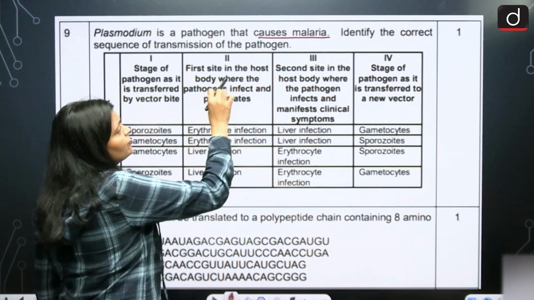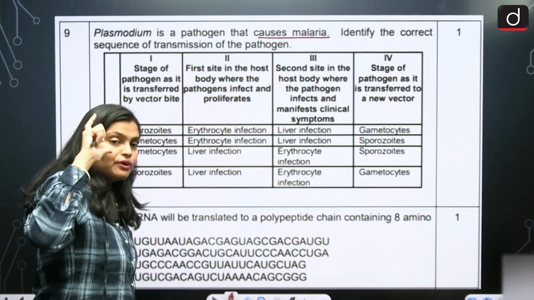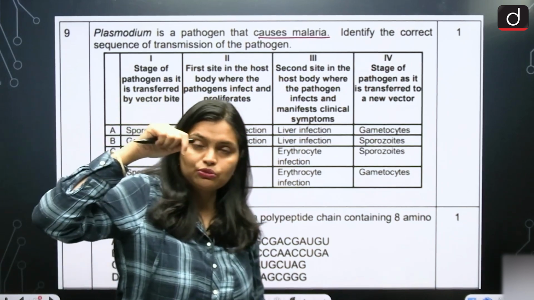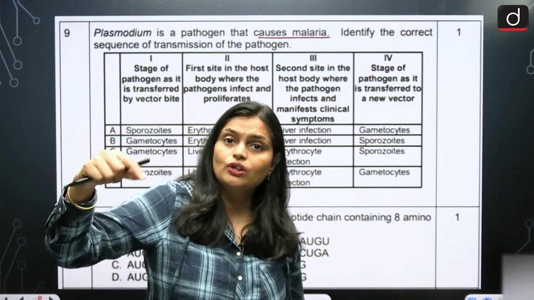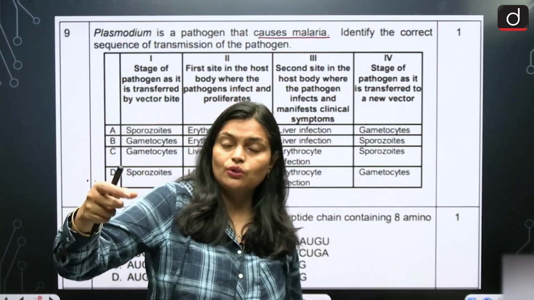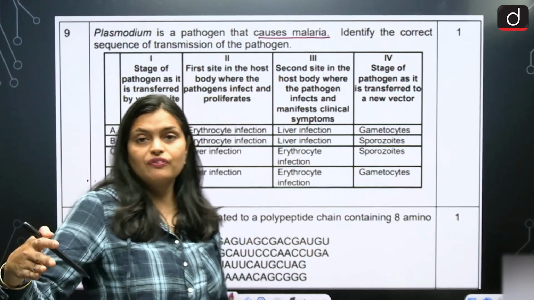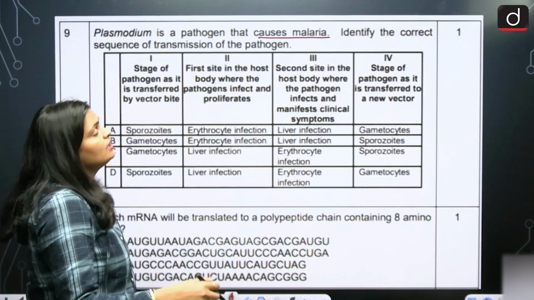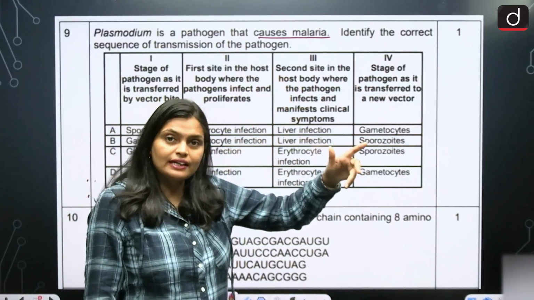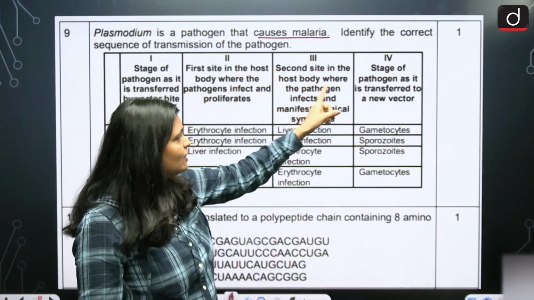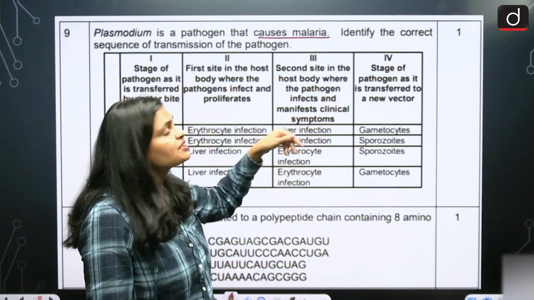Second stage is the first site in the host body where the pathogen infects and proliferates. तो जैसे ही पैथोजन एंटर किया, then वो किस जगह पे जाएगा, किस जगह को इन्फेक्ट करेगा हमारी बॉडी में, and it starts proliferating, increasing its number. Then the second site: वहां से वो बाहर निकलेगा, reaches the second site of the host body where the pathogen infects and manifests clinical symptoms.